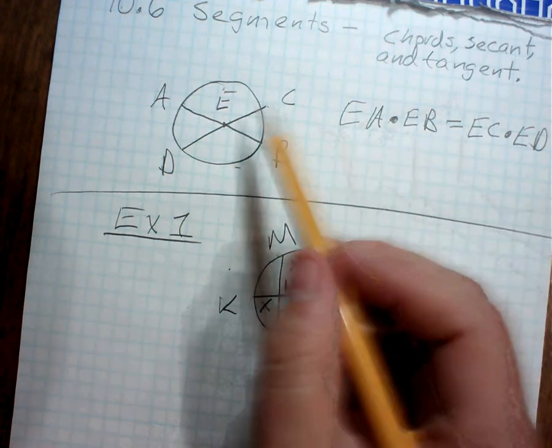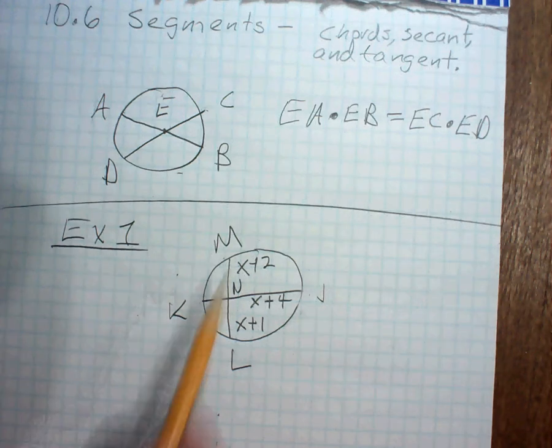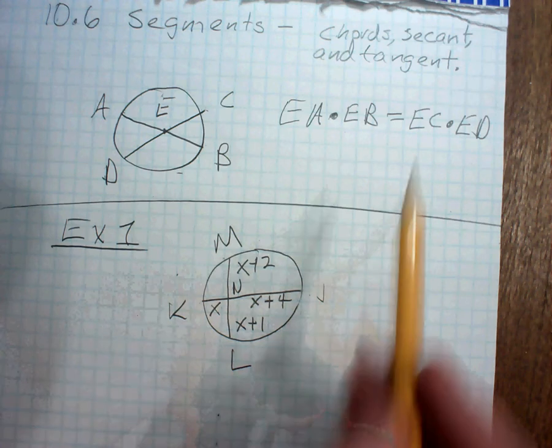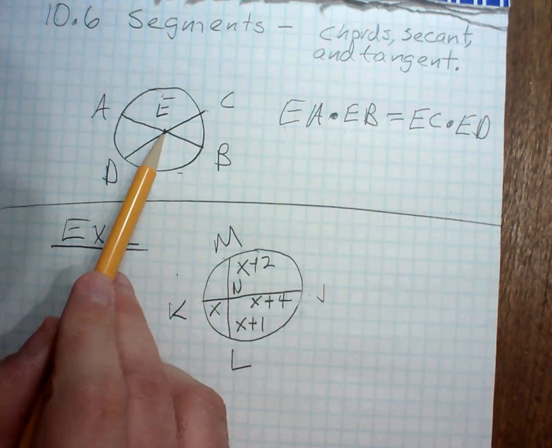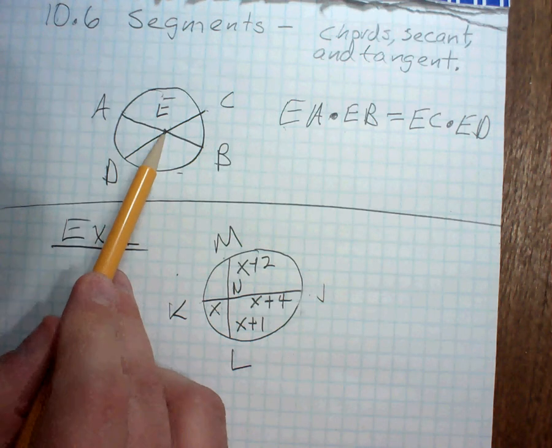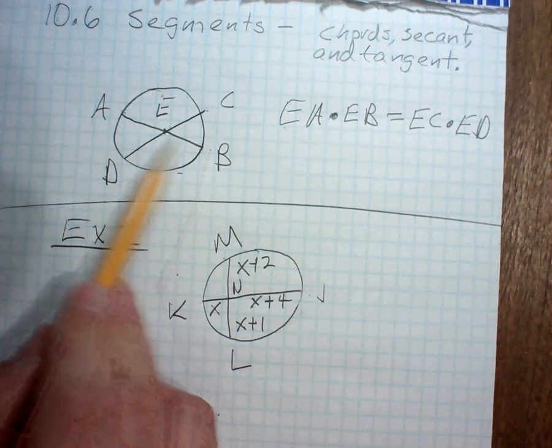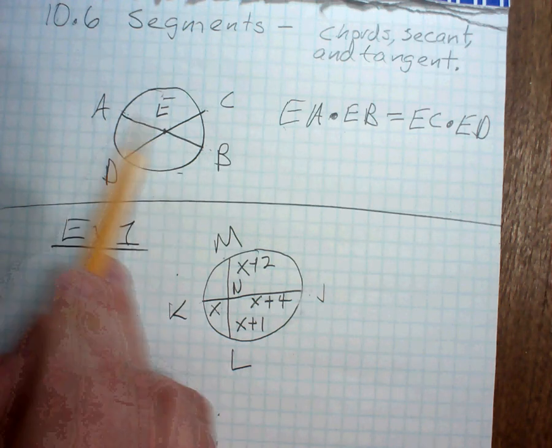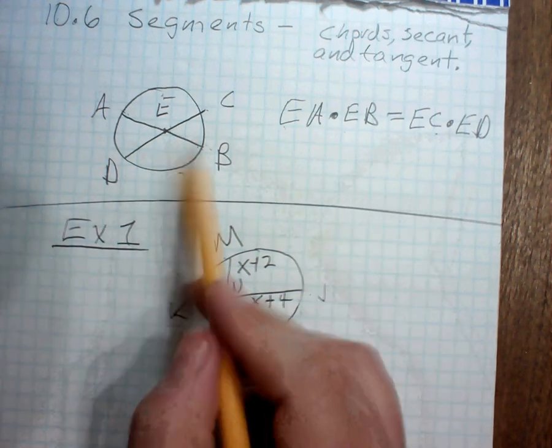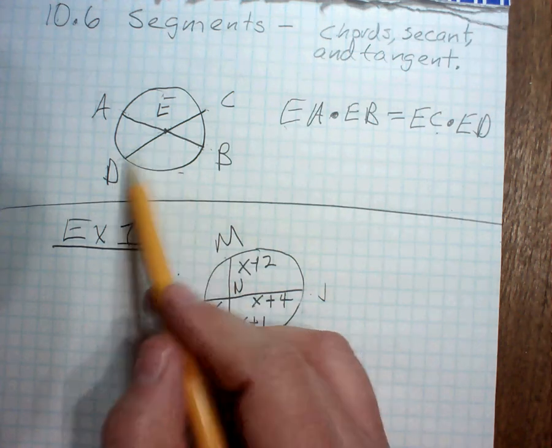So if I look at my formula, this is how you do your homework, this is why we take notes. I need to know what I multiply by what, how to solve for x. So if I look at this formula, I go from where they intersect out to this edge times the intersection point to this edge. So for this AB chord, I'm going to take this segment of the chord and multiply it by this segment of the chord. And then EC times ED, I'm going to take this segment of the chord CD and multiply it times the other segment of the chord CD.